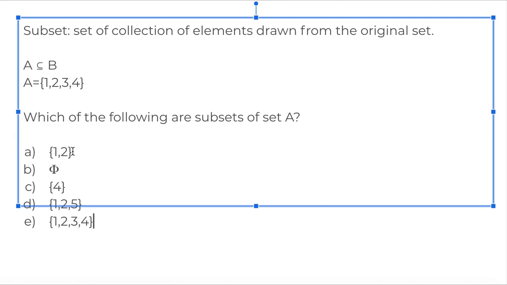So is 1, comma 2 drawn from the original set A? Yes, because 1, comma 2 exist in the set. Phi, that is an empty set. An important characteristic of phi is that an empty set is a subset of all sets, right?